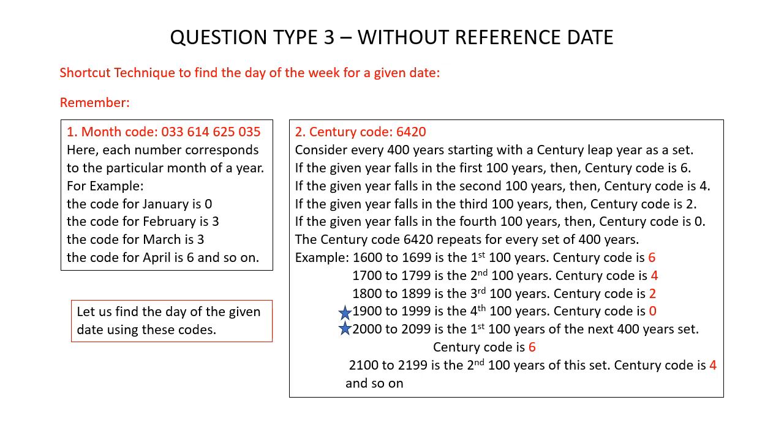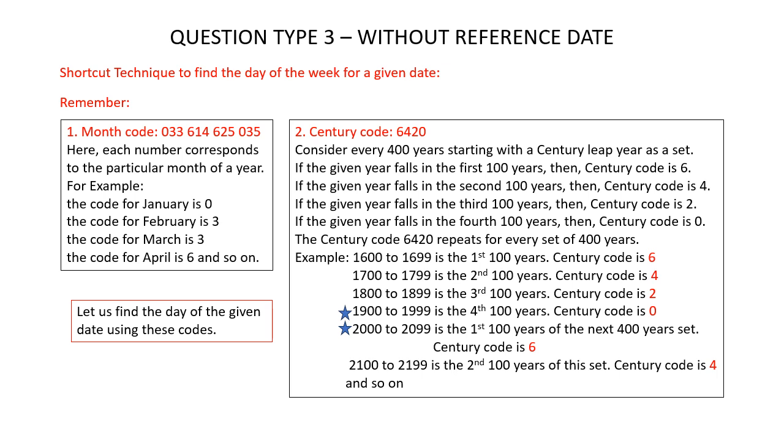The second number is 3, so 3 is the code for February. 3 is the third number, so 3 is the code for March. 6 is the fourth number, so 6 is the code for April, and so on.